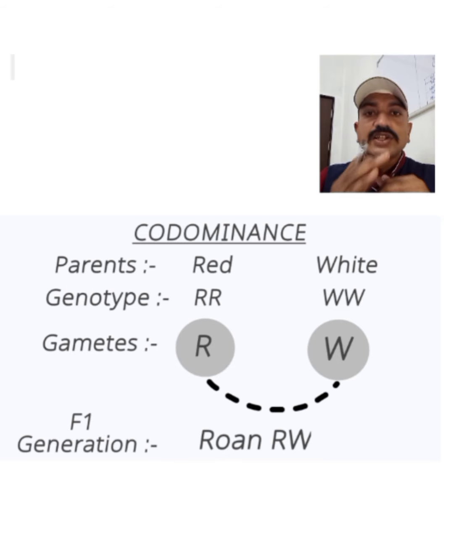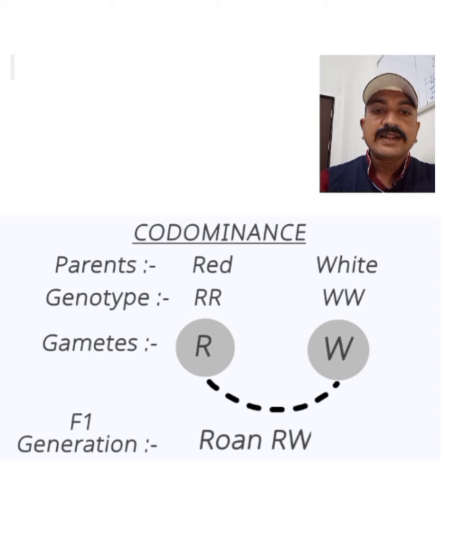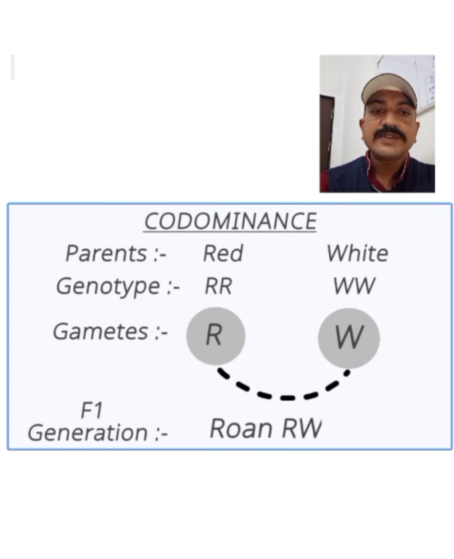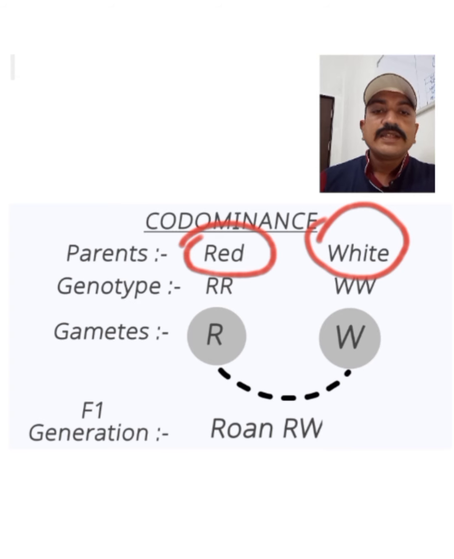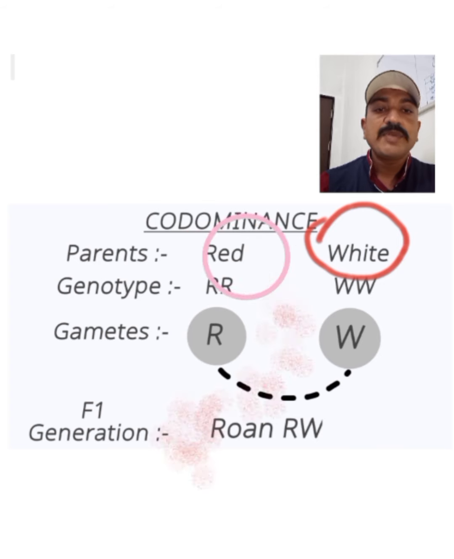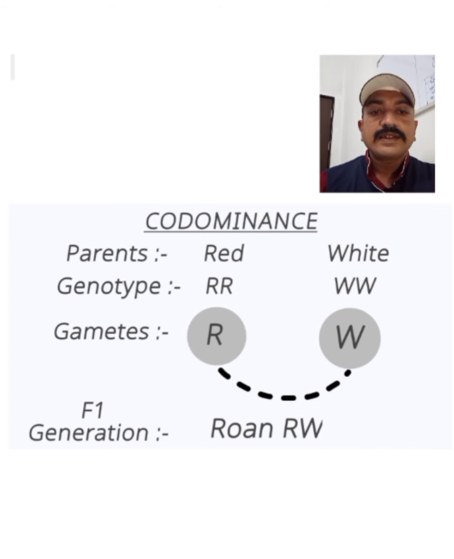In this case, the cross occurs between a red cattle and a white one. So the parents are red and white. The genotype of the red parent is capital R capital R, and the genotype of white is capital W capital W. Remember here that the genotype is given as capital R, capital R, capital W, capital W, because here no one is dominant and no one is recessive.